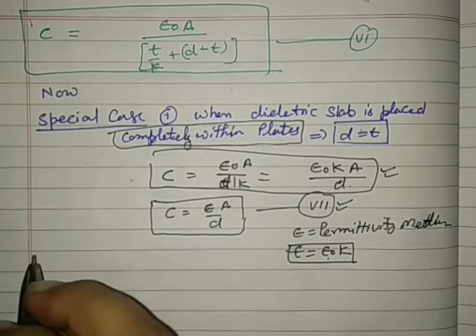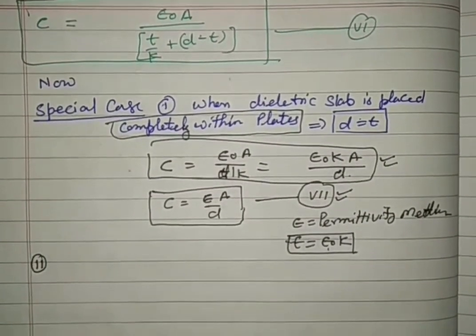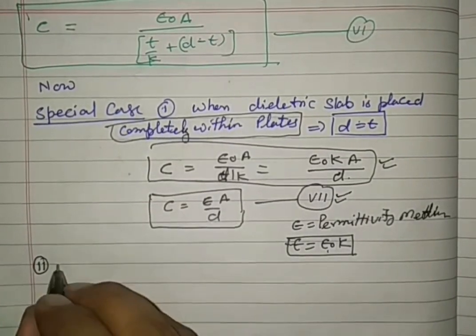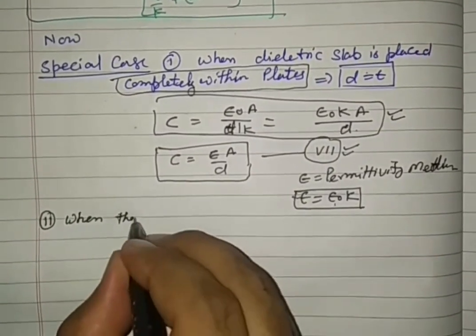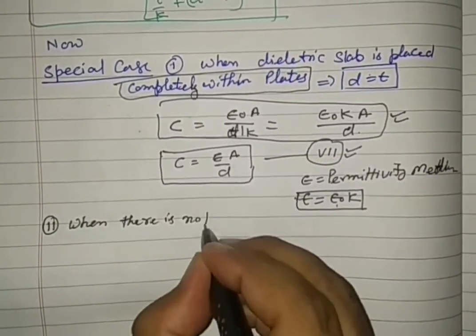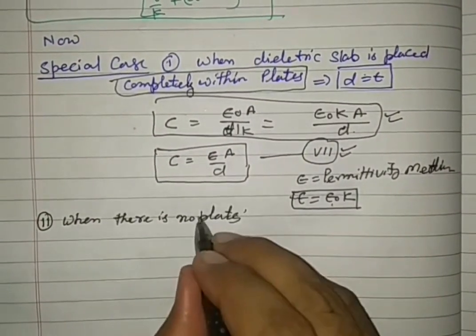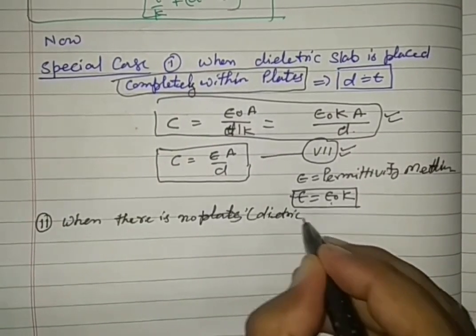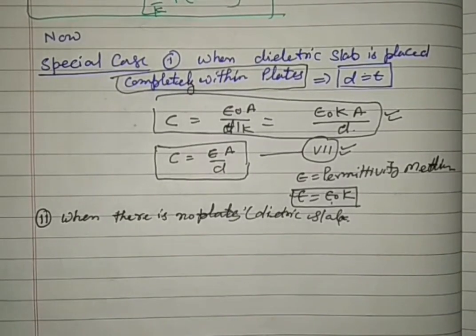Right? Now we are going to see the second case. What is the second case? When there is no dielectric slab between the plates.